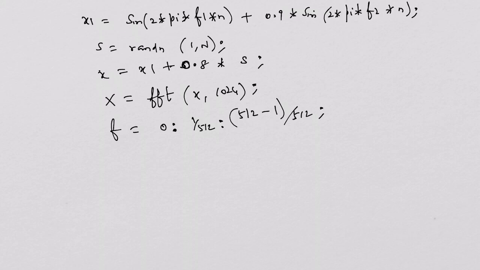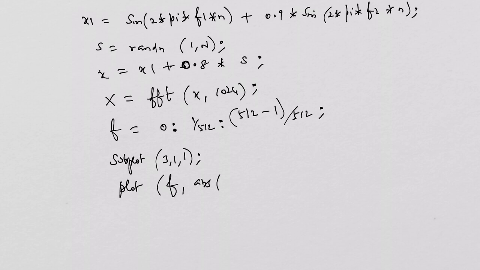If I use subplot of 3 comma 1 comma 1, and make use of the function plot of f comma abs of capital X of 1 colon 512, I take only the first 512 samples and represent it as a graph. Now let me define an interpolation factor of 5: I is equal to 5, the upsampling factor.